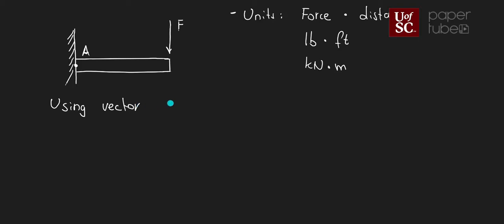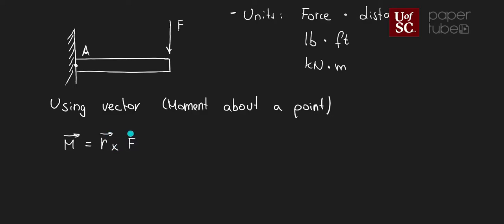The moment about a point can be calculated as follows. The moment is going to be equal to a position vector r cross my force vector F. What the force vector is, I guess, is clear.